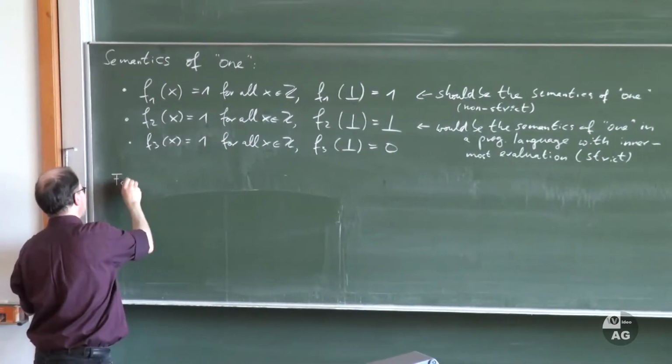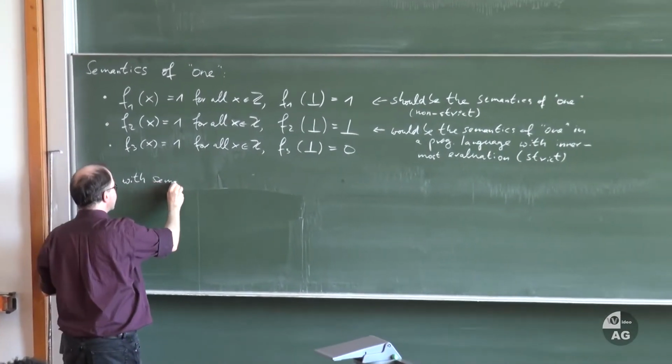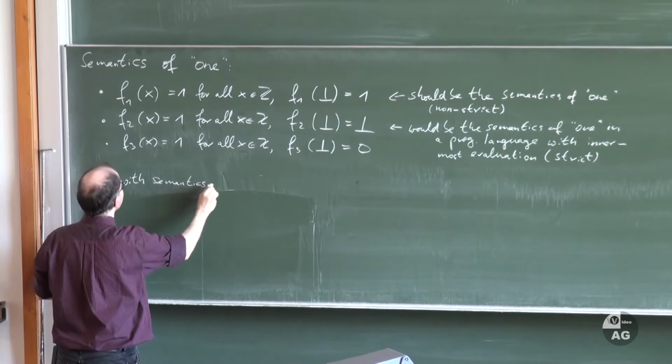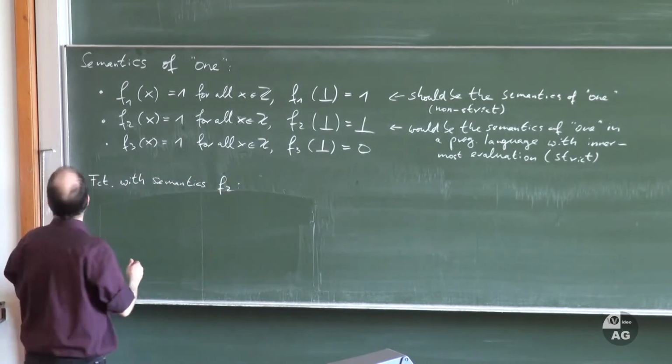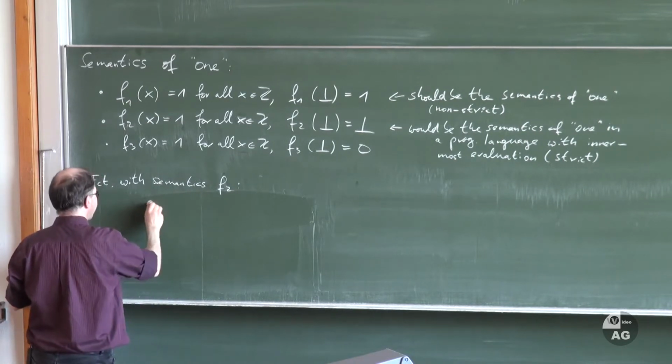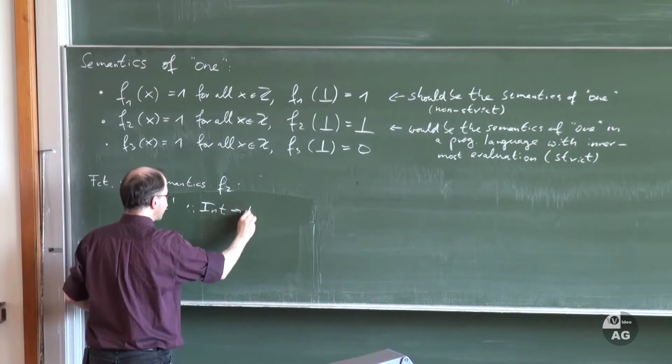So how would a function with the semantics F2, how would we program this in Haskell? So let me call this 1 prime. So this should also go from int to int.